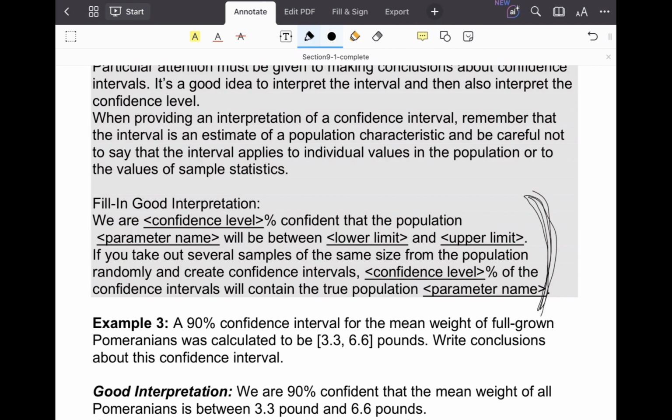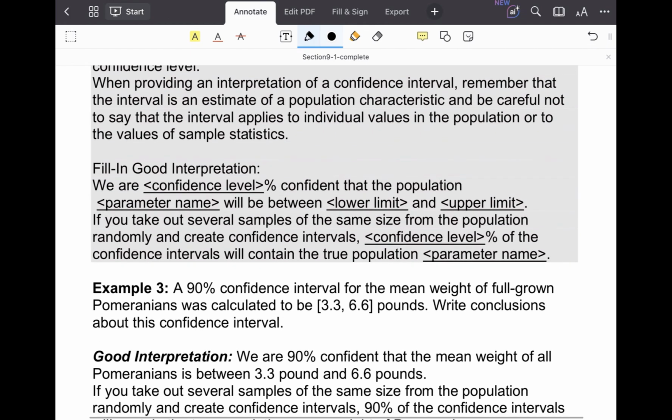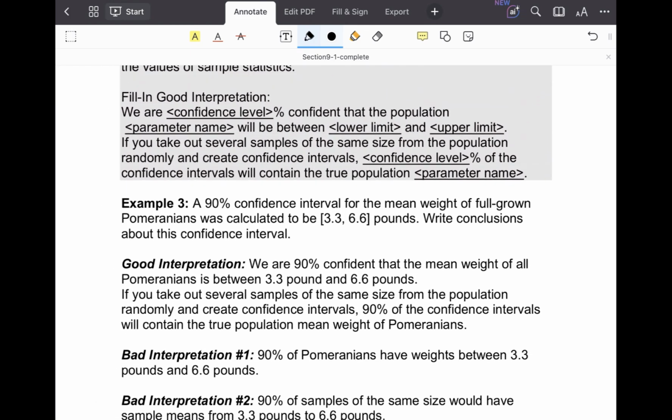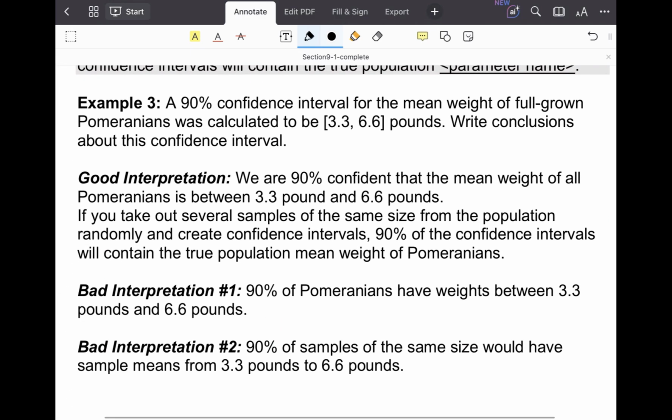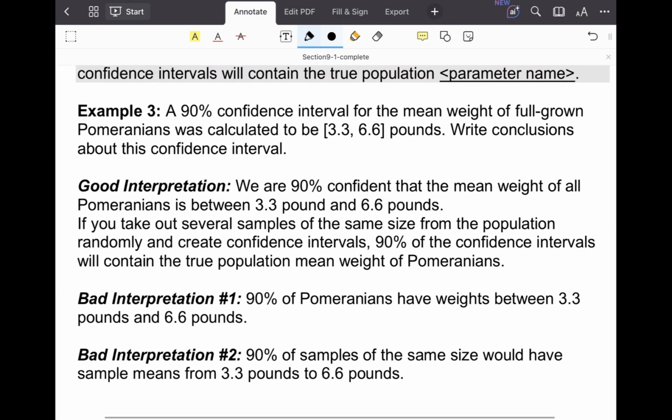I'm not particularly fond of fill-in interpretations because it is more like you're memorizing versus understanding what's going on. But some students do prefer this, so I placed this here just in case you would want to memorize an interpretation. It may help you if you prefer memorizing things. So here I have an example, and I put the answers here as well.